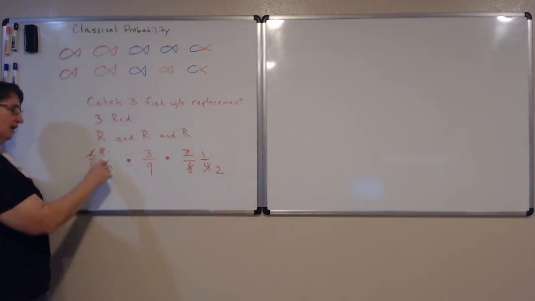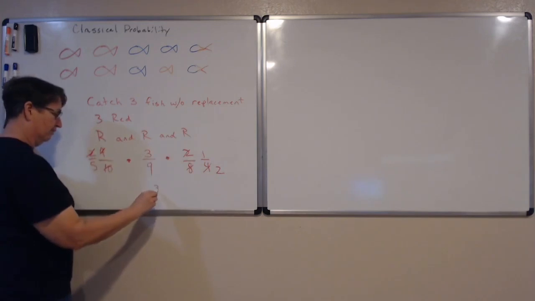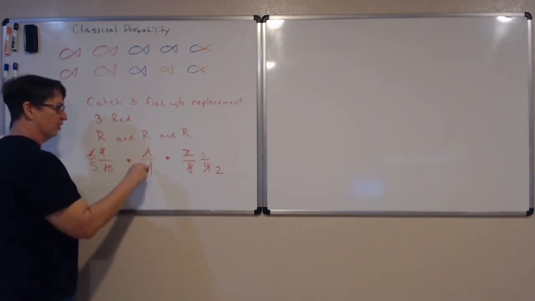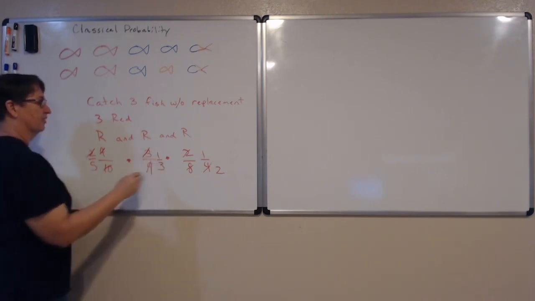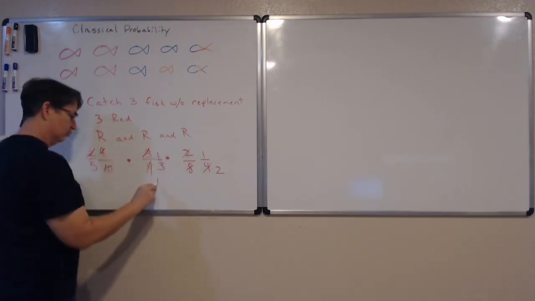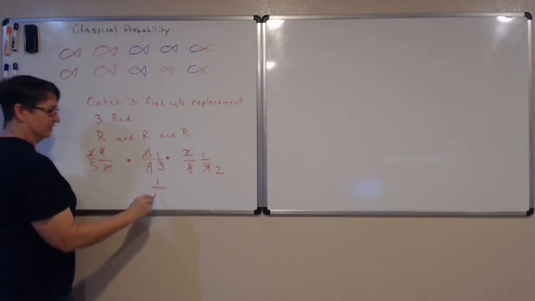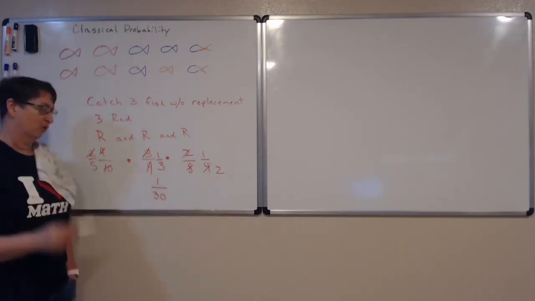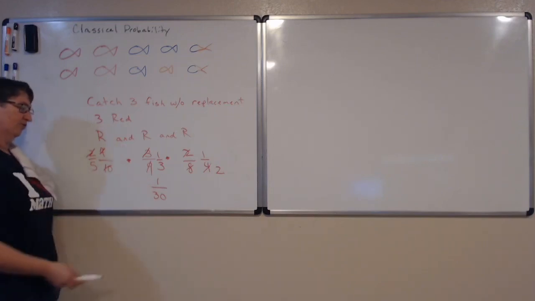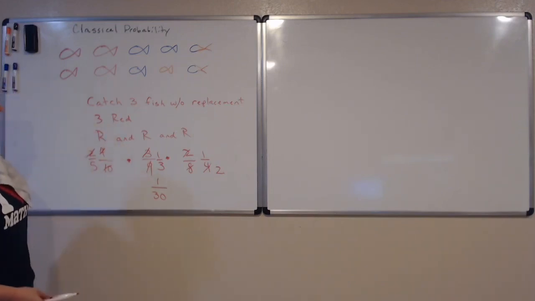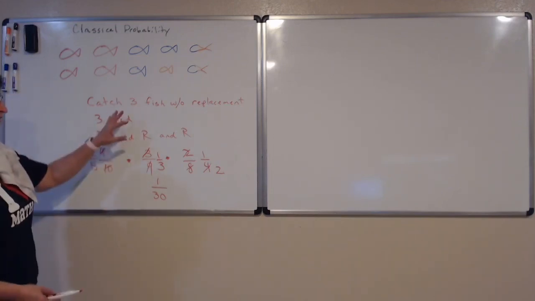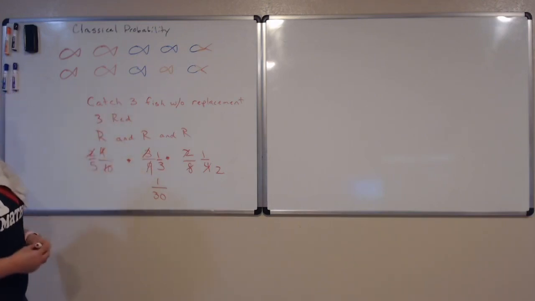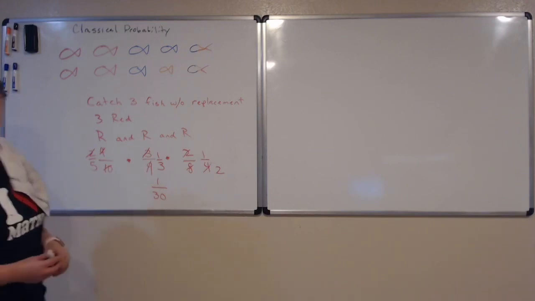Now I can multiply across and I get 3 on top. Oh, wait a minute. This can simplify too, can it? This becomes 1/3. So you're right. On top I just end up with 1, and 5 times 6 is 30. I knew it must simplify because Adam had 1/30 up there. So it's 1/30. Perfect. So out of 30 times of catching 3 fish without replacement, one of those I should get 3 reds. I expect to get 3 reds.